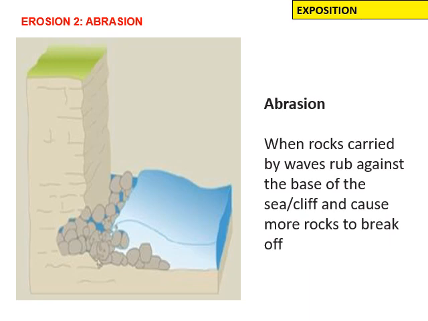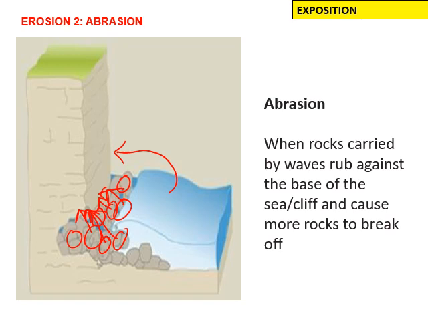Going back to this diagram, some of these actual rocks that are now loose also hit the cliff. So last time we saw in hydraulic power we had the water hitting the cliff, but also the rocks can hit the cliff. The rocks that have been broken off by hydraulic power can hit the cliff.